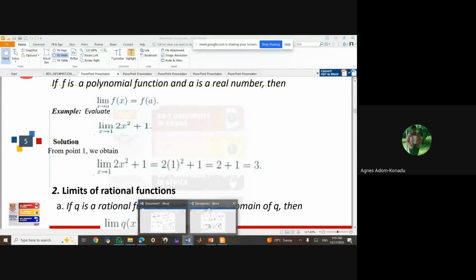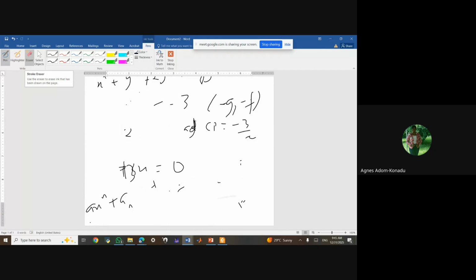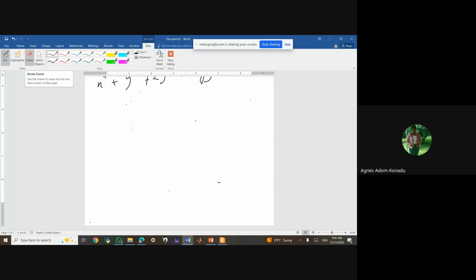For example, if I want to find the limit as s approaches 0 of x to the power 5 plus 2x cubed plus 2x plus 1, what will I get for this?